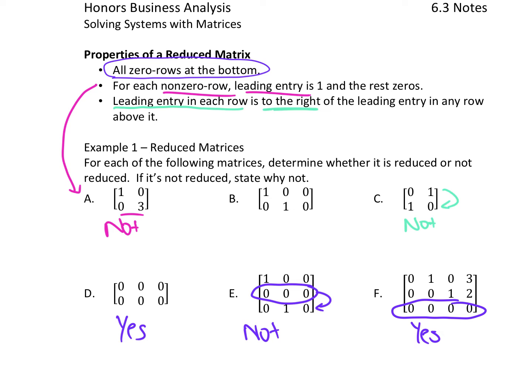Like these two rows would have to switch places for it to be reduced. So what that means is if you have numbers, they have to go diagonally down to the right. So this one, it would be okay if it was looking like this, but it is not okay where that 1 in the top row here is behind this 1 in the bottom row, okay?